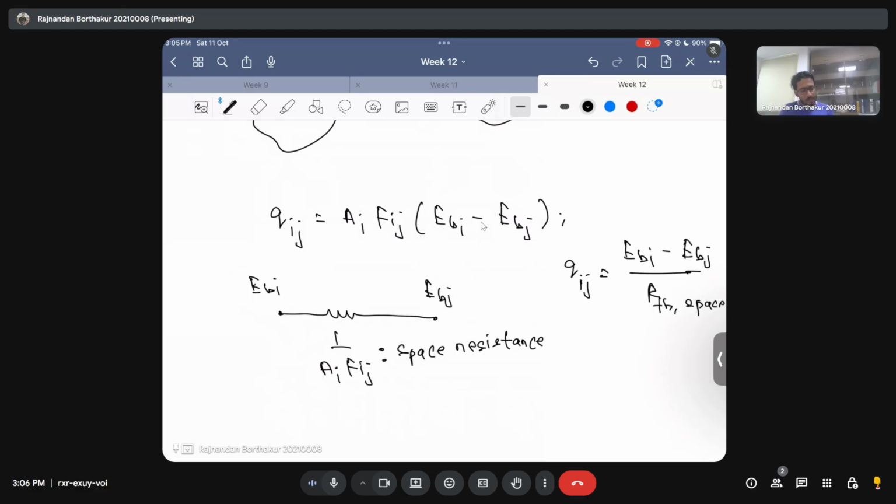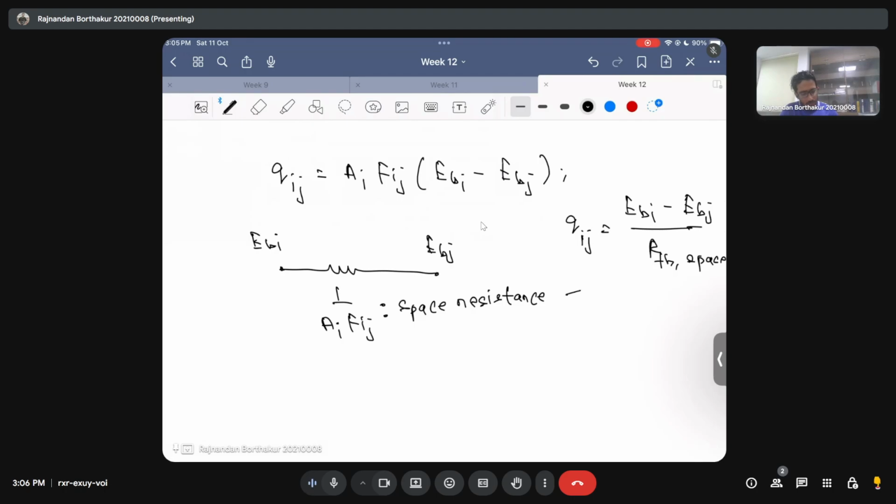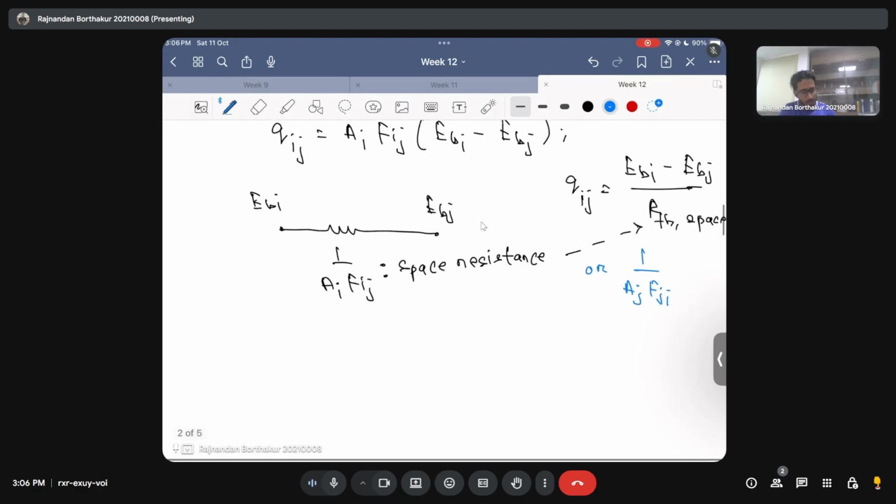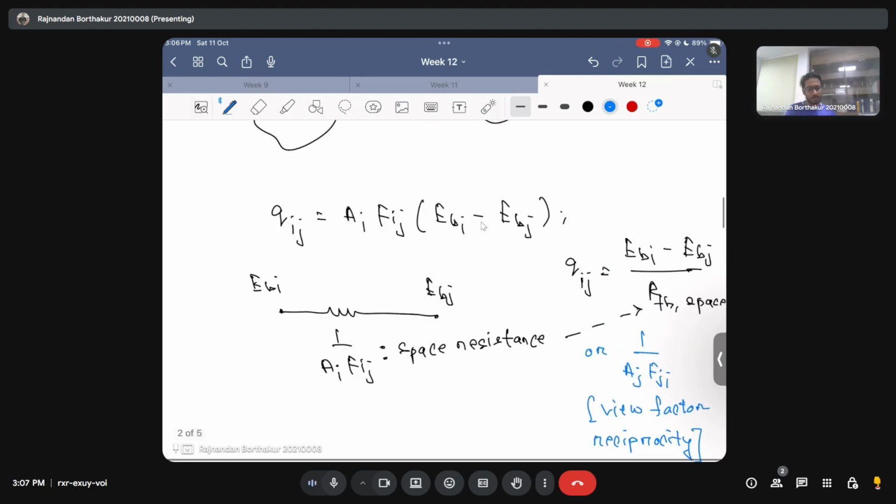Okay, we'll call it RTH of space, and this RTH of space is equivalent to 1 by AI times Fij, or you can also write this as 1 by AJ times Fji from the view factor reciprocity rule. Okay, so this is something that we saw in the last class.